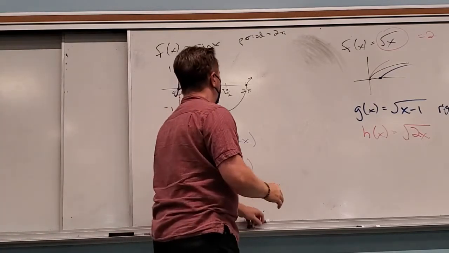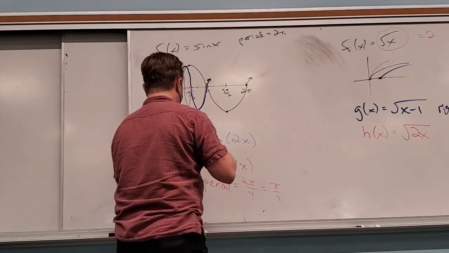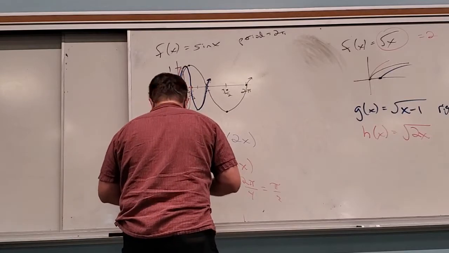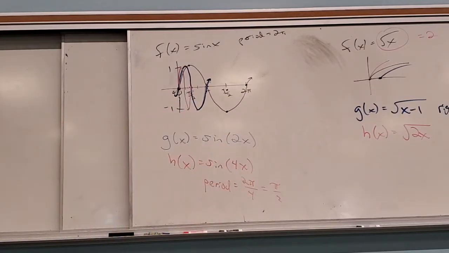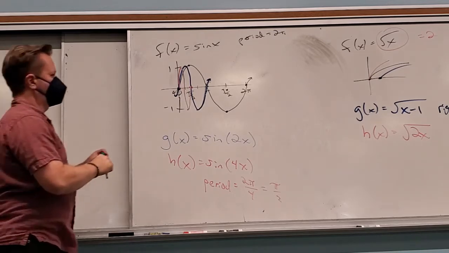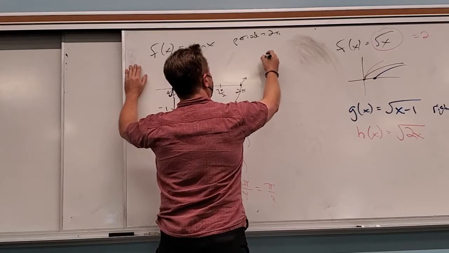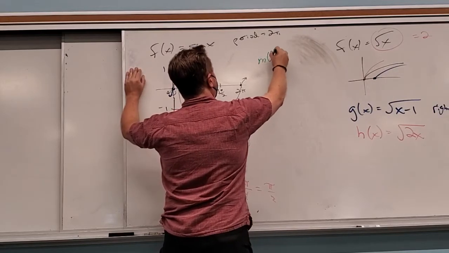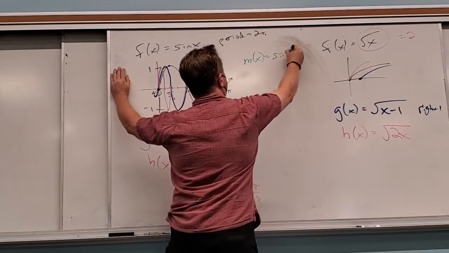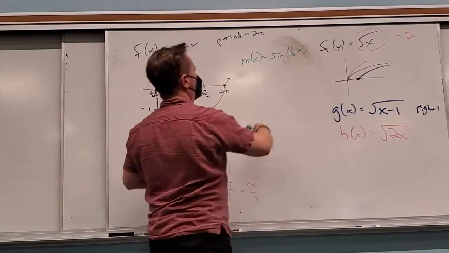Okay, one more of these. What if, let me see, I think I have a good green one. So now I've got to come up with a new letter. Let's say m of x is sine of 1/2 x.